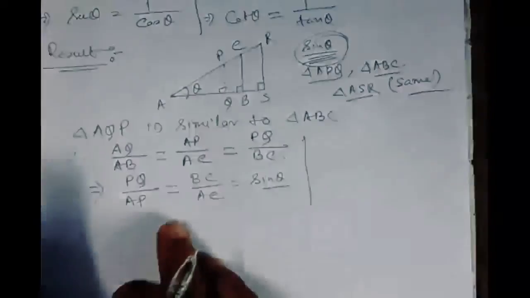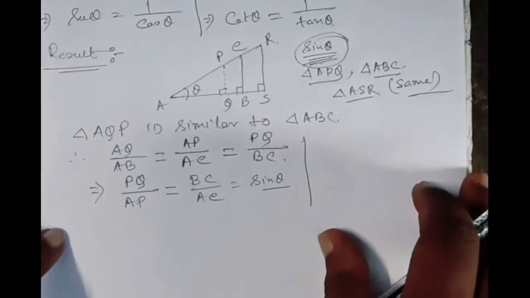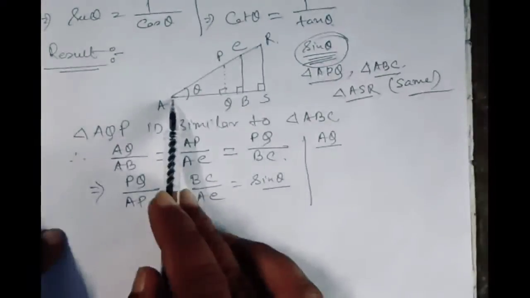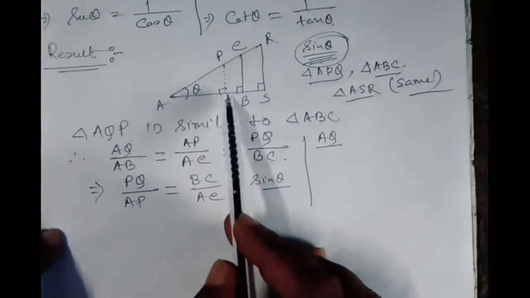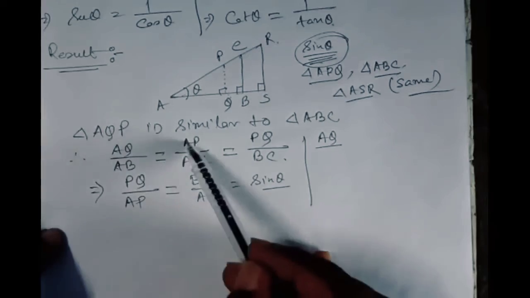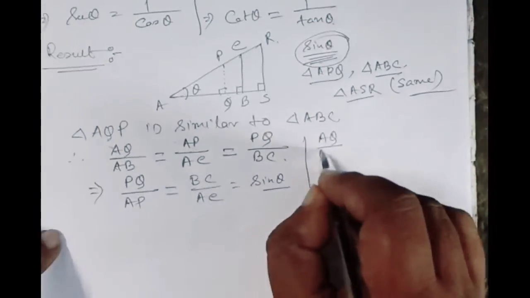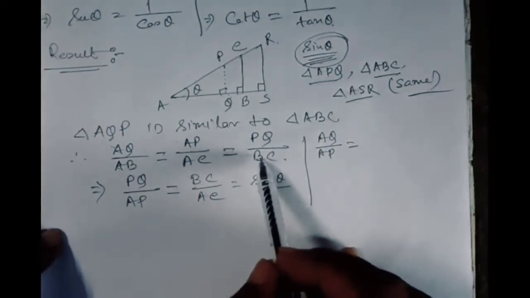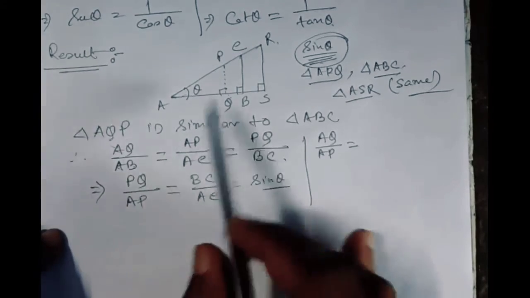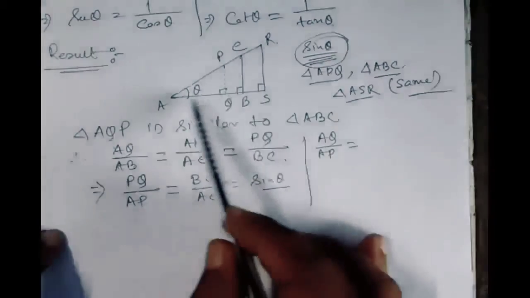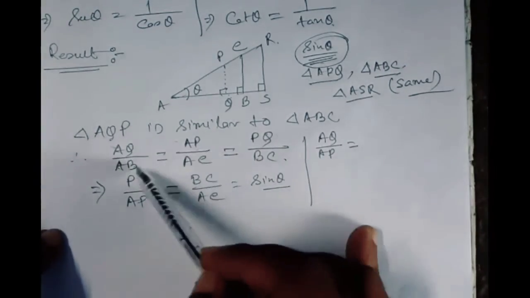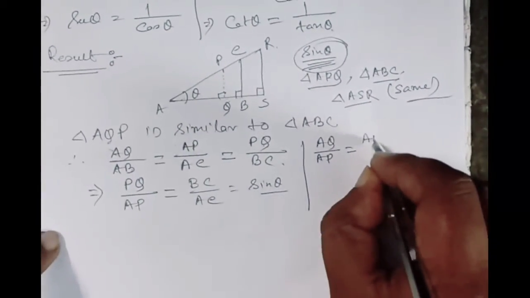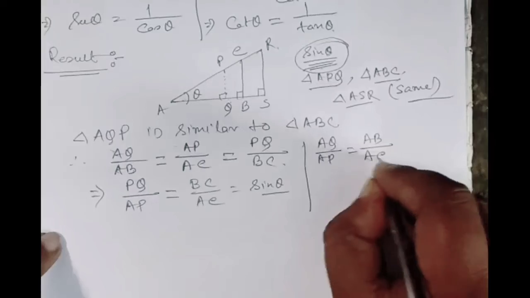Similarly, we can write that AQ by AP, from these two identities, equals AB by AC.